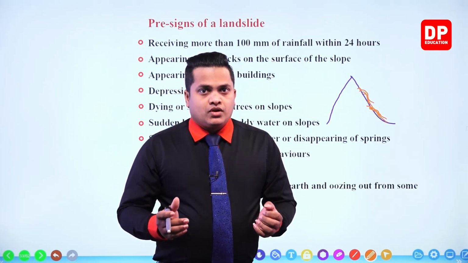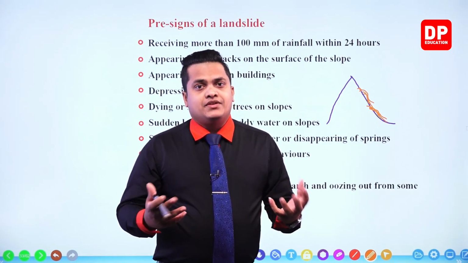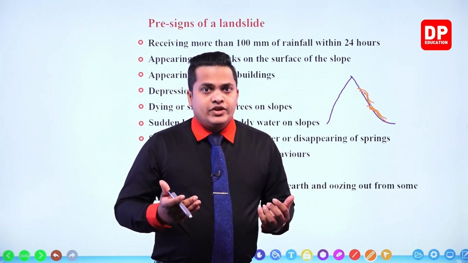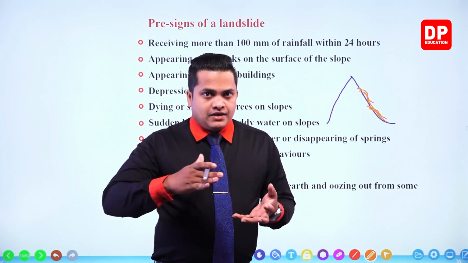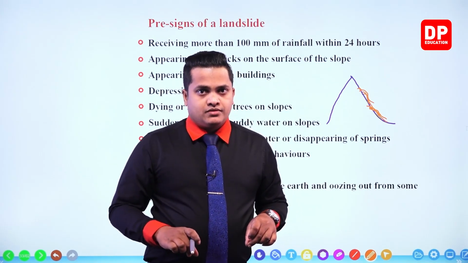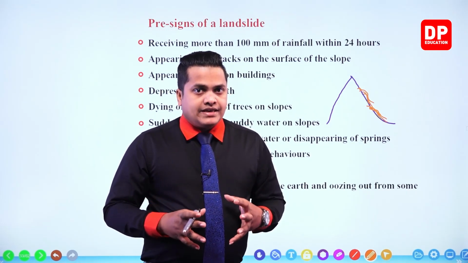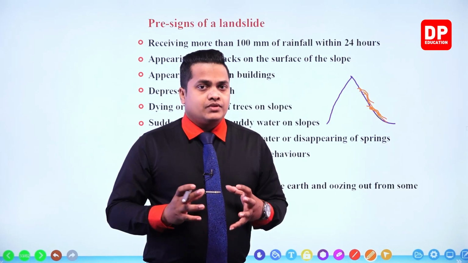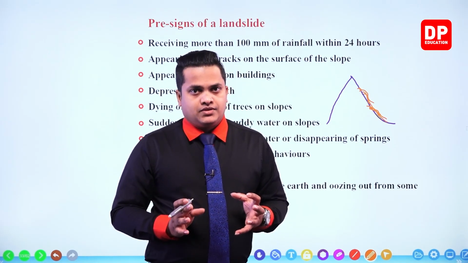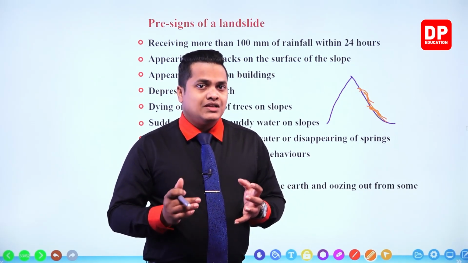So when these water sources suddenly disappear, this disappearance is going to occur mainly upon leaking water into the mountain, right? So in that case also, there can be a landslide. That particular case also will lead to a landslide.